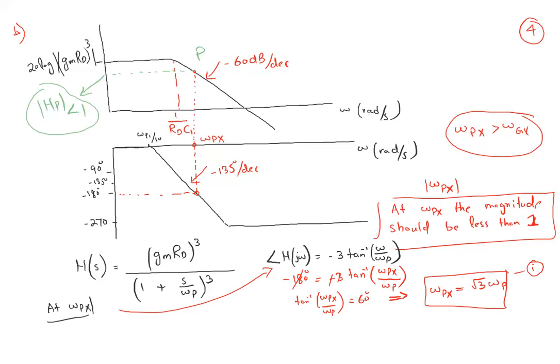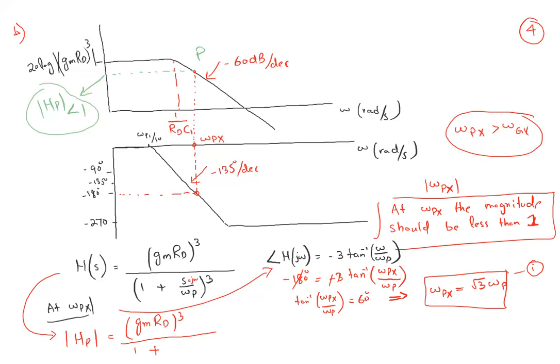Now we need to put this condition in the magnitude one. Magnitude हम लोगों ने क्या कहा था? At omega px, magnitude was H of p, जिसको हम लोगों ने कहा था it should be less than 1. Magnitude क्या होगा? GMRD will remain as GMRD. 1 plus j omega, s की जगह j omega आ जाएगा, तो omega की जगह क्या आ जाएगा?